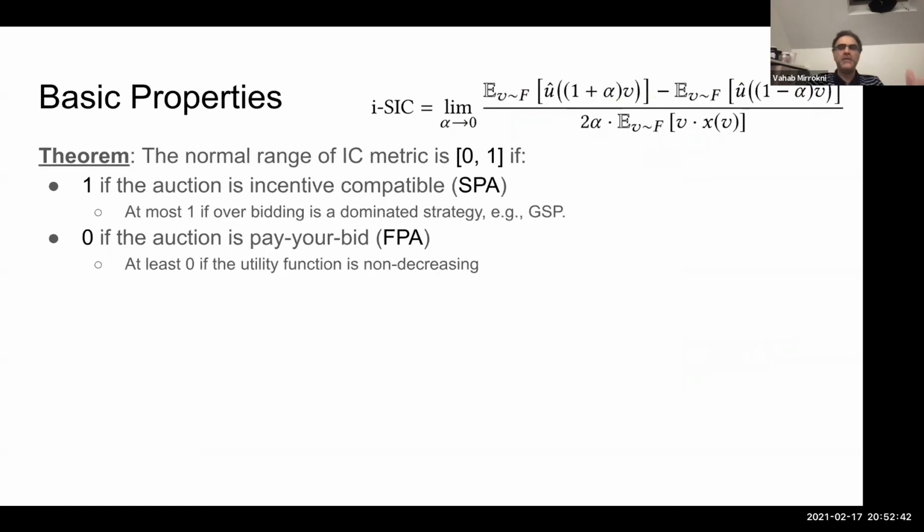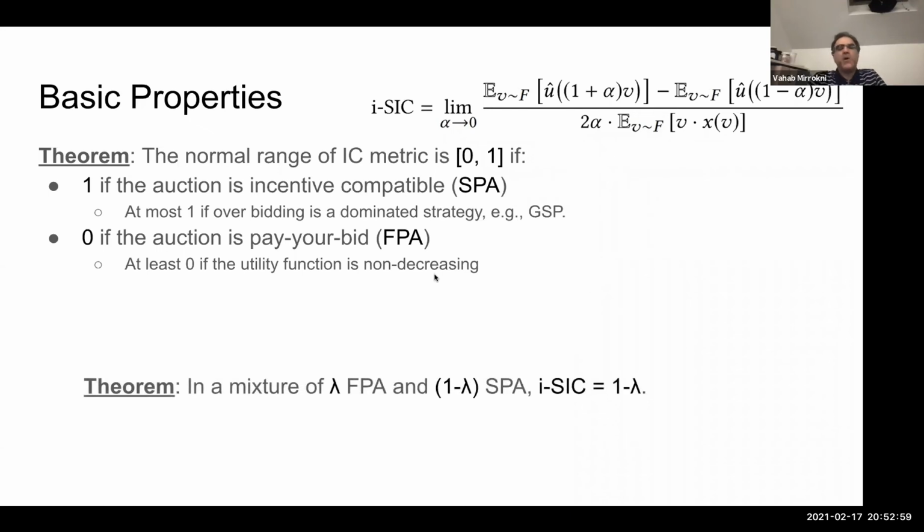The interesting thing about the measure is that for an incentive compatible auction, like second price auction, the measure is 1. For a pay-your-bid auction, the first price auction, the measure is 0. And more interestingly, if we randomize between a first price auction and a second price auction with probability lambda, the IC metric that we compute is actually 1 minus lambda.